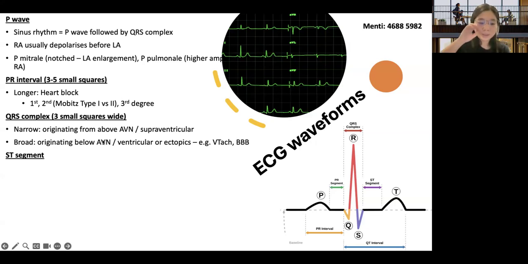Basically, it means that maybe there's some sort of heart block as well, causing the generation of the impulse to start from the ventricles themselves rather than from above the ventricles. For the ST segment, as you have mentioned, ST elevation was suggested as a STEMI.